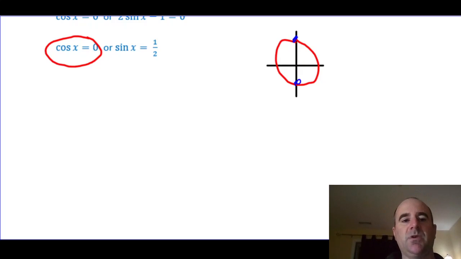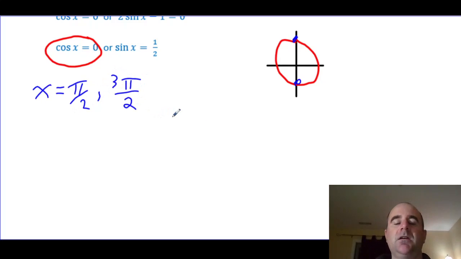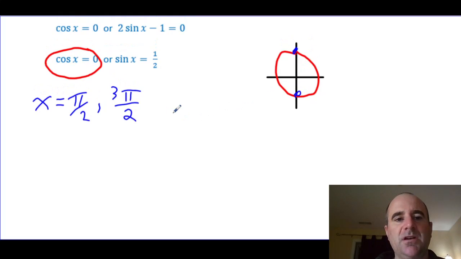So that is when x is equal to pi over 2 or 3 pi over 2. Another way of realizing that is to think about the graph of cosine as well. If you sketched a graph of cosine, you would find it is 0 at pi over 2 or 3 pi over 2.